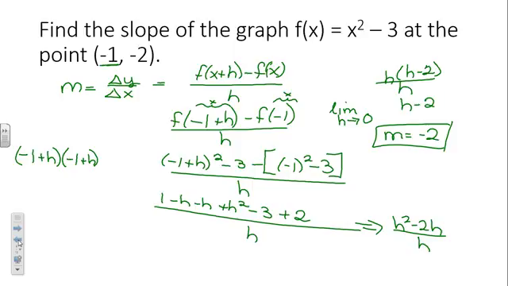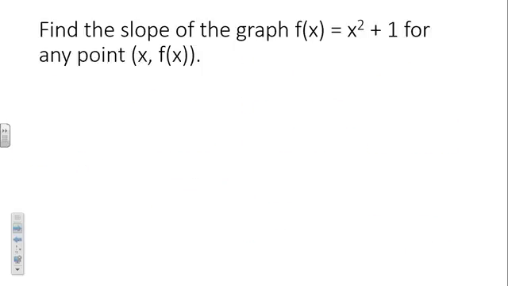And that's the way I'm most familiar and comfortable with. I just do this with the equation in general and then plug a point in. All right, so here we go. We want to find the slope of the graph of f of x equals x squared plus 1 for any point.